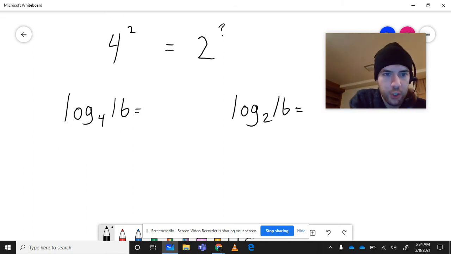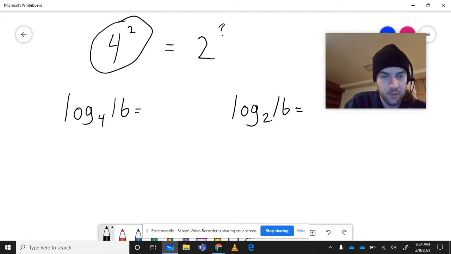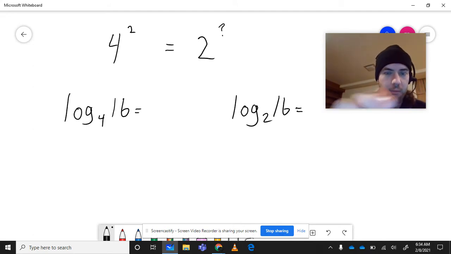So if we're trying to change this into a different base, if we're trying to change it into base 2, then we're trying to change the base of the exponential description as well. So we're trying to say, basically, if I don't want to write 16 as 4 raised to some power, if I want to instead write it as 2 raised to some power, what is the power that I have to raise it to?